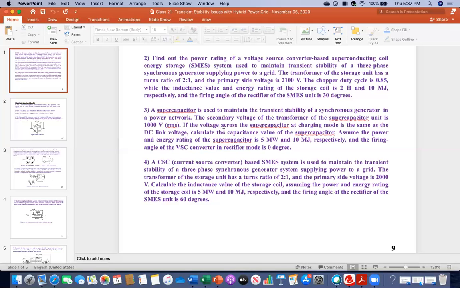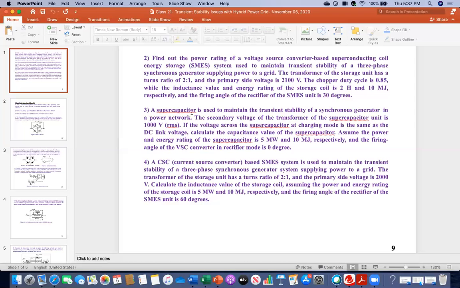So therefore, see the statement. You all know that an energy storage device requires a step down transformer. So it says the secondary voltage, meaning that for the transformer, the primary side is connected to the grid point.